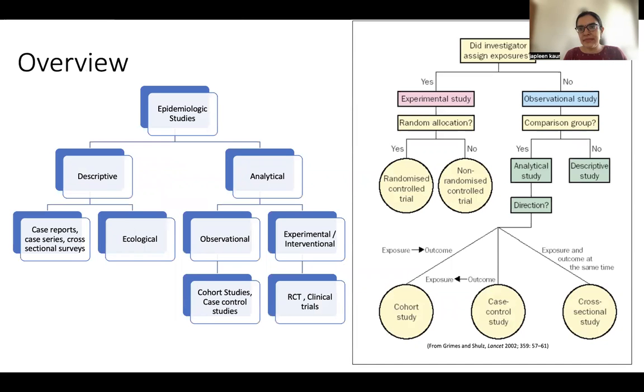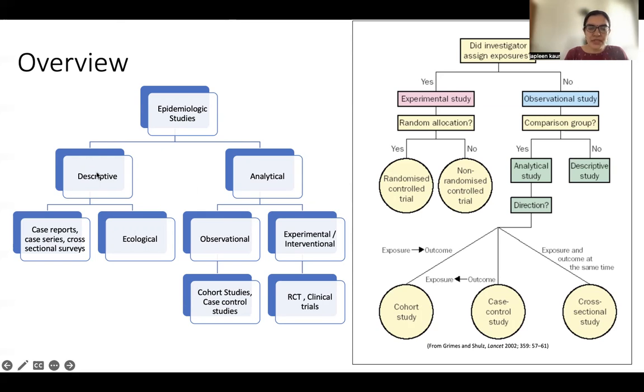This slide is maybe a little confusing, but it's very important, considering that sometimes the classification of study designs is done differently by different researchers. In the last lecture, you must have seen this flowchart: epidemiological studies are divided into descriptive and analytical.